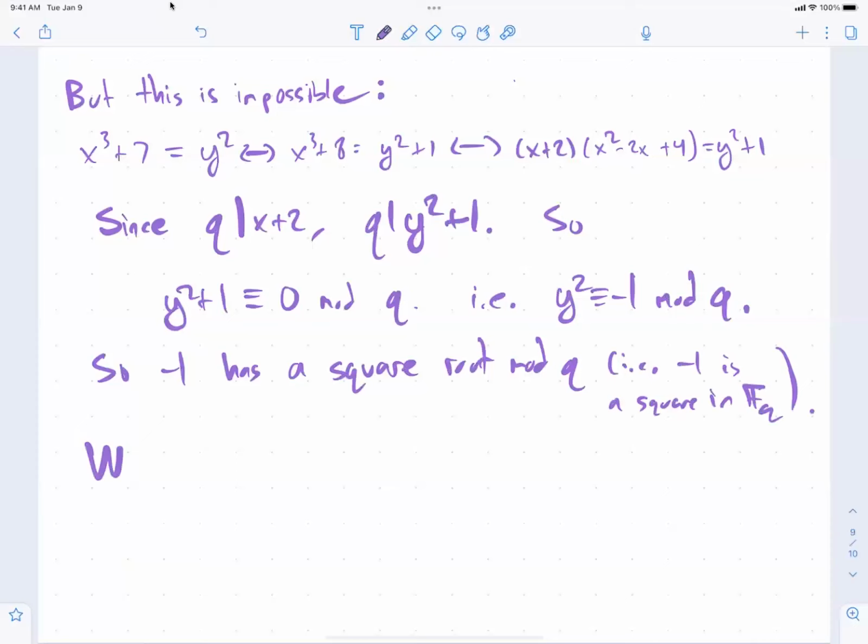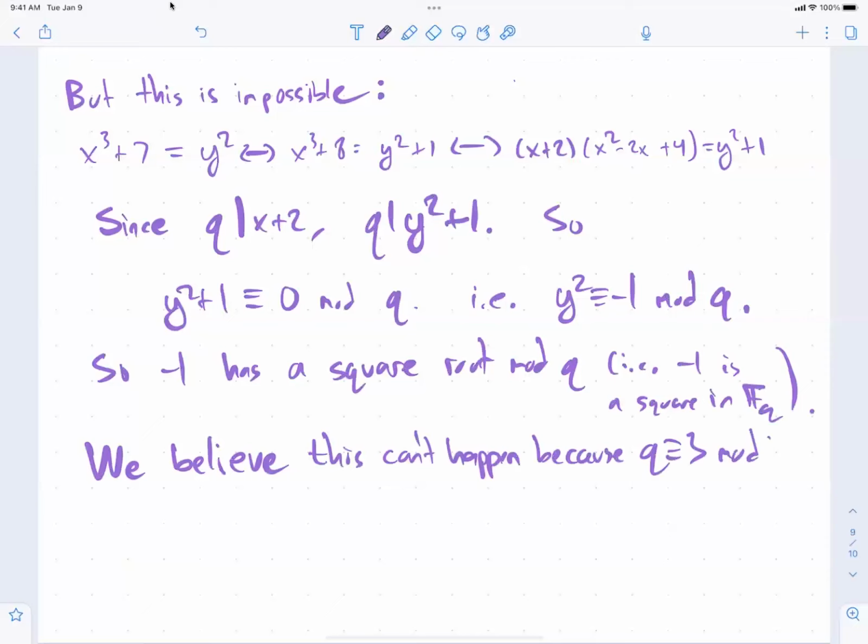Right now, based on this computation we did in the first couple of weeks of class, we believe this can't happen, because q is congruent to 3 mod 4. We noticed this pattern where it seems like the only time that you can have a square root of -1 in the field with q elements, where q is a prime, is if q is congruent to 1 mod 4.